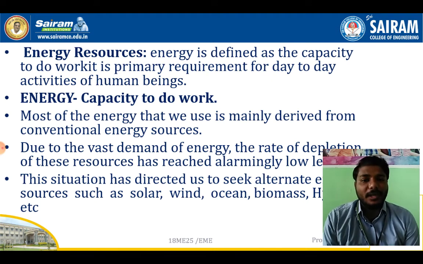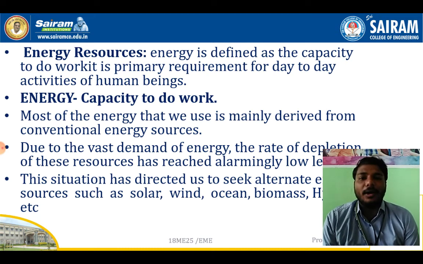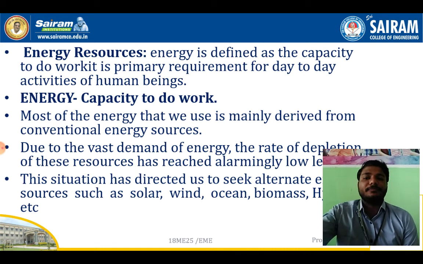For example, take fossil fuels, that is oil products or oil wells. In another 40 to 50 years we may not get any petrol or diesel. But as long as the earth is there, we can get solar energy. This is how we define conventional and non-conventional energy sources.